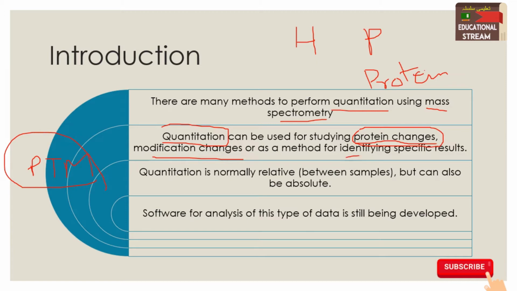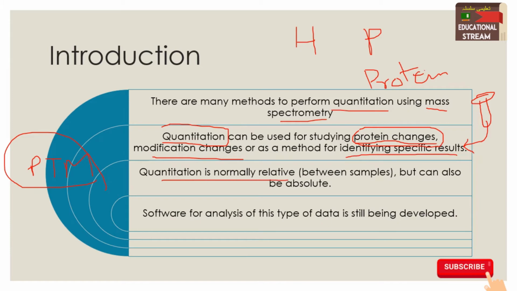Or as a method for identifying specific results: we have performed an experiment in which we want to identify a protein. We have performed the cloning, overexpression and purification of the protein, and now the protein is in the tube, but we do not know whether it is the same protein that we wanted to overexpress or not. For the identification of the protein, we will also go for mass spectrometry.